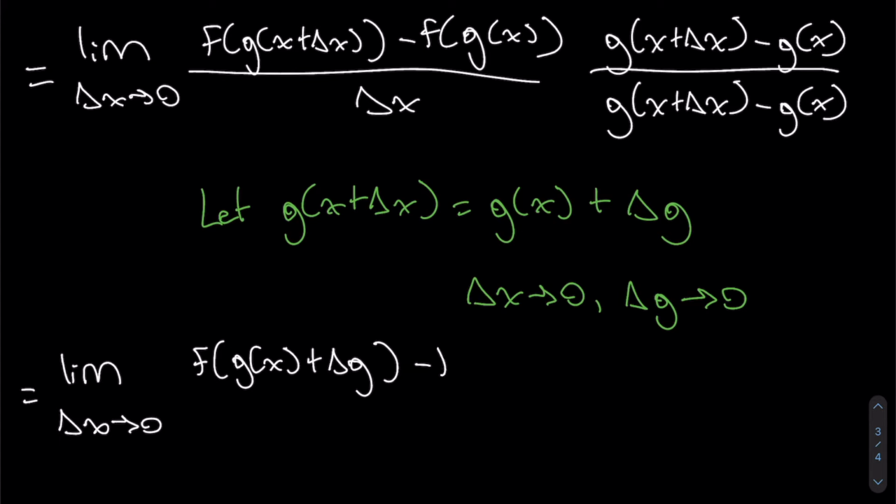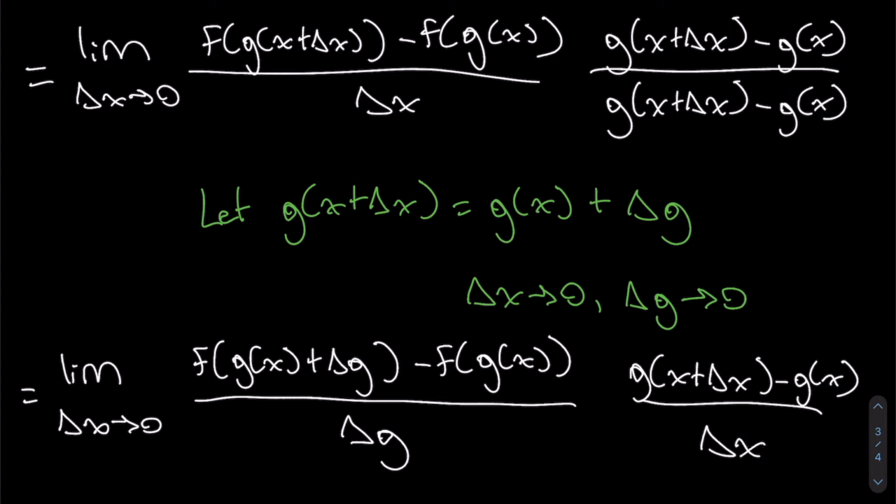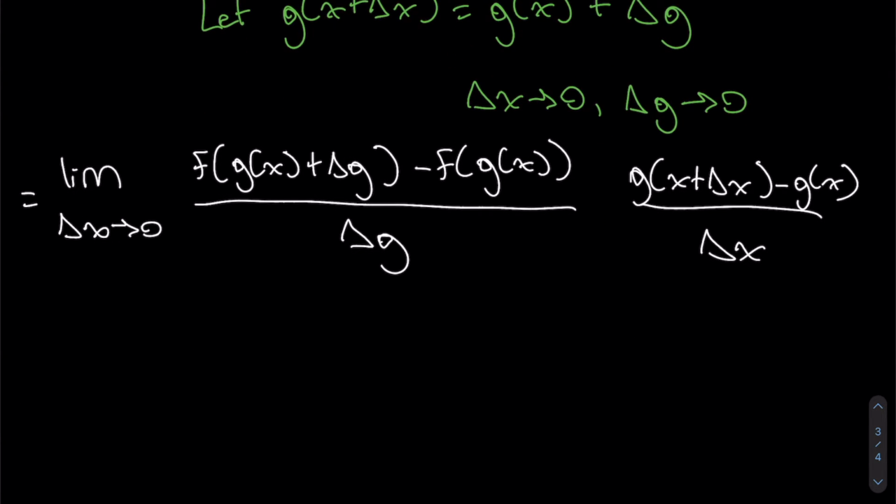Minus f at g at x, divided by delta g, and again I'm going to bring this delta x over here, so I'm going to switch these. And this is the definition of the derivative of f with respect to g.